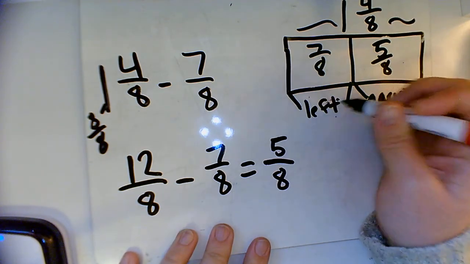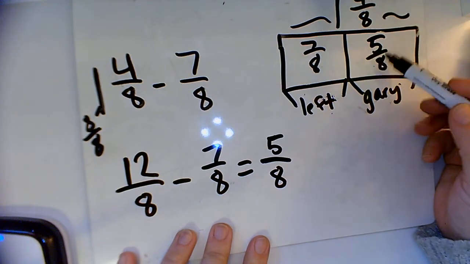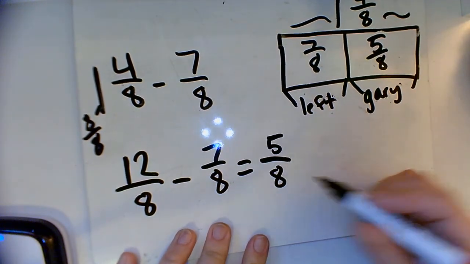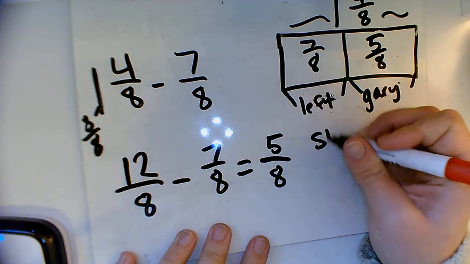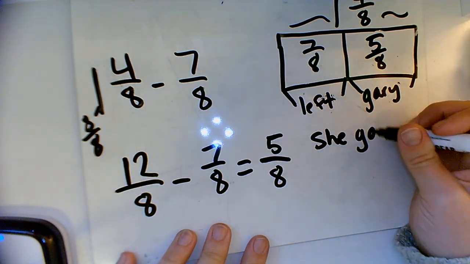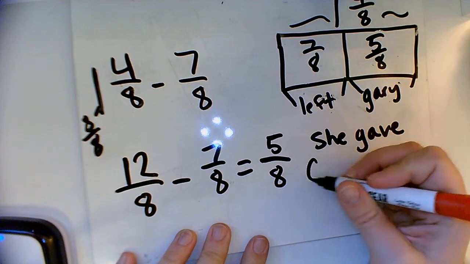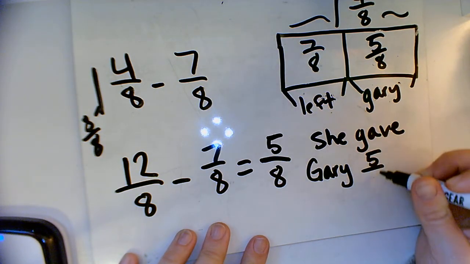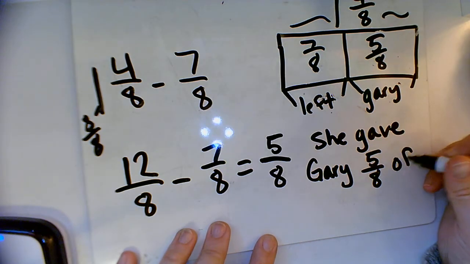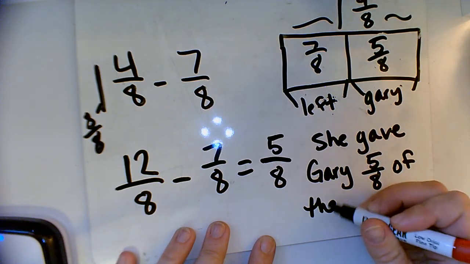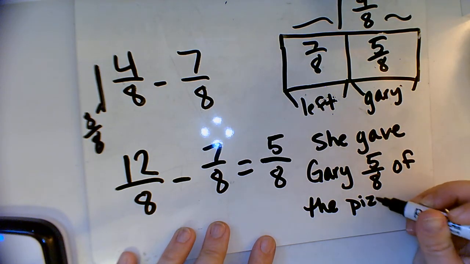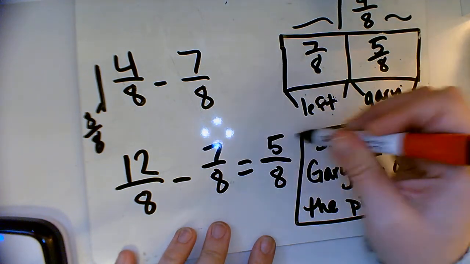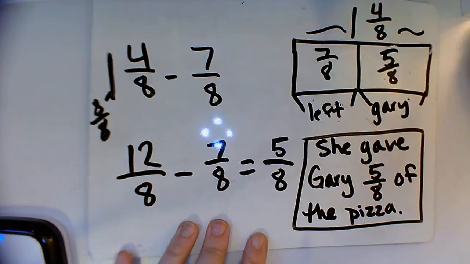This is how much she had left after she gave some to Gary. We didn't know how much we gave Gary. Sorry about that. So our answer statement would say she gave Gary 5/8 of the pizza. And we're going to box up that answer statement.